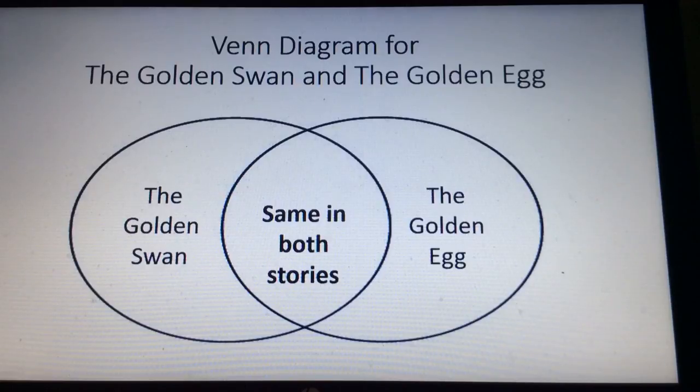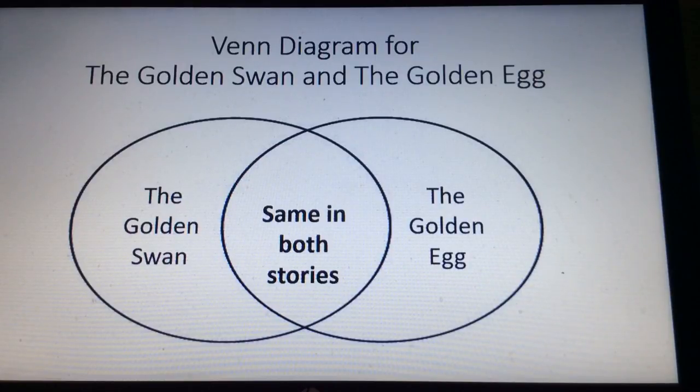So in our Venn diagram for the golden swan and the golden egg, in the middle of the Venn diagram, we're going to list things that are the same in both stories. That shows how they're connected. On the left side of the circle, we're going to list details that describe the golden swan.